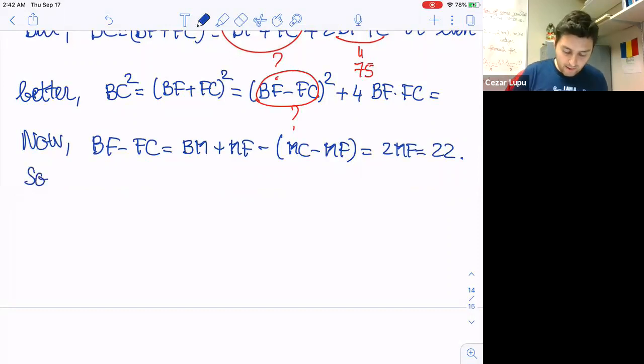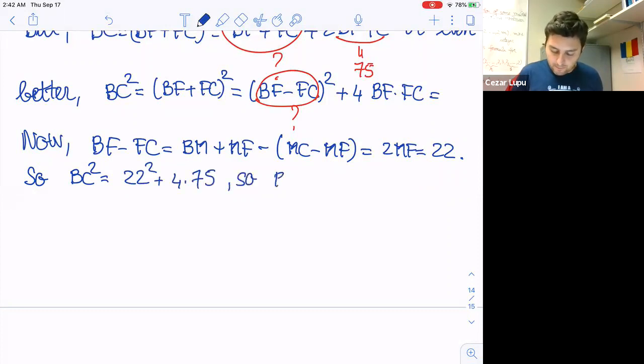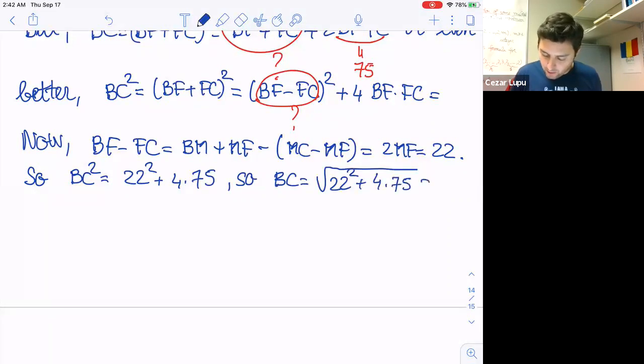So this implies that BC squared will be nothing else than just, oh my, 22 squared plus 4 times 75, whatever this is. So BC is the square root of this guy, 22 squared plus 4 times 75, which will give me a number.